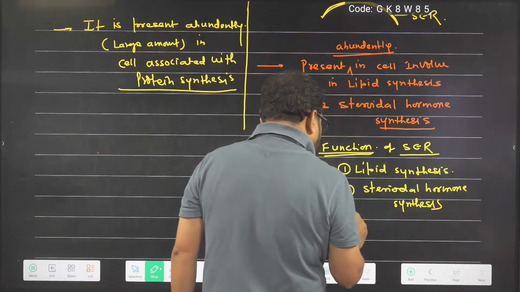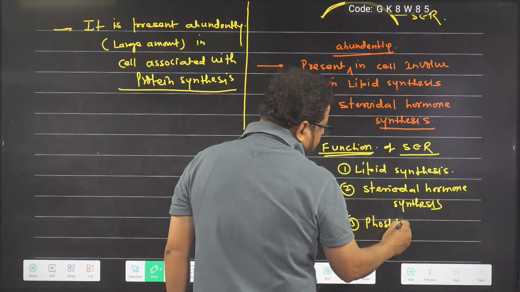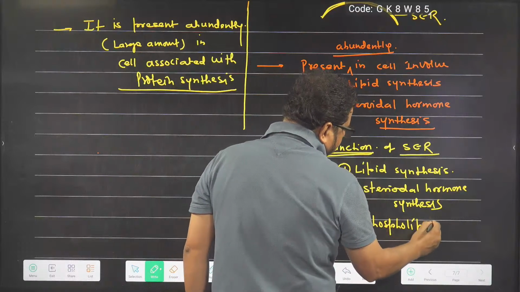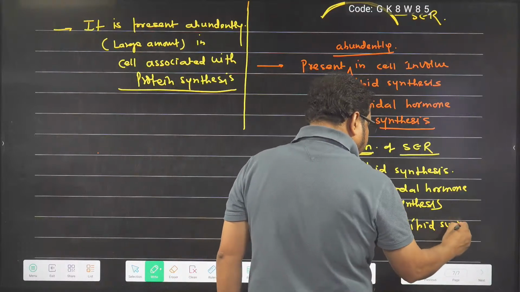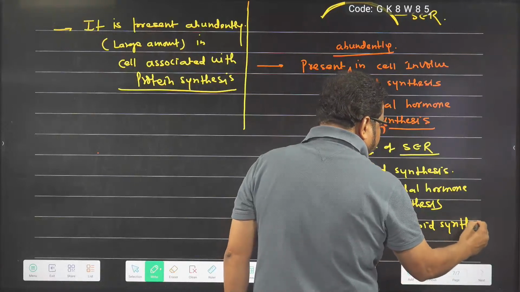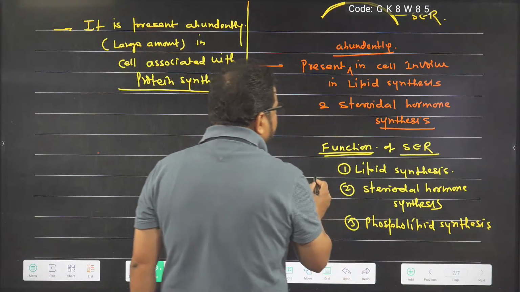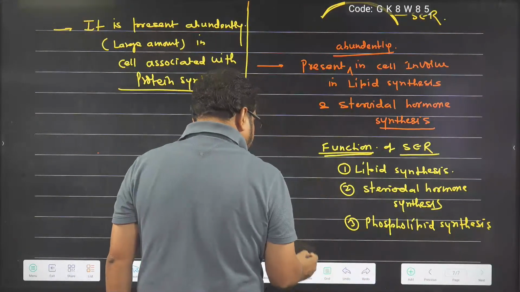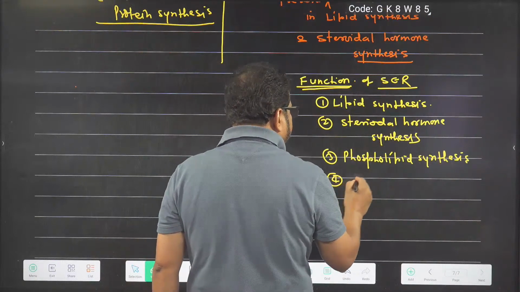Even phospholipid is formed in which one? Phospholipid synthesis. Phospholipid synthesis is also performed by the smooth endoplasmic reticulum.